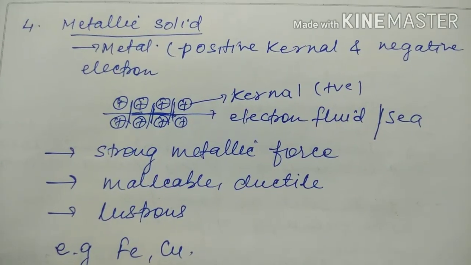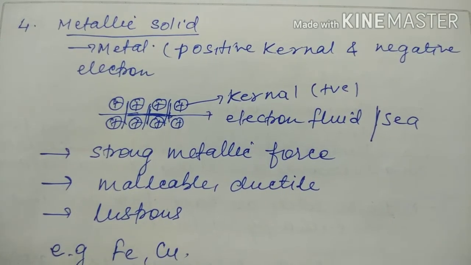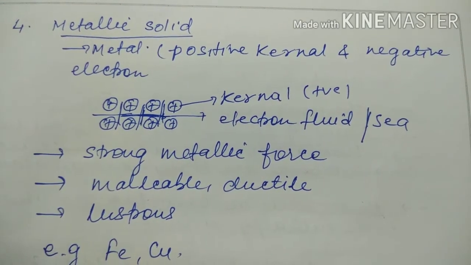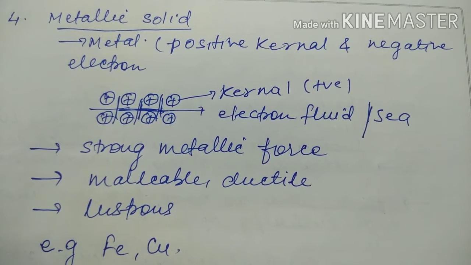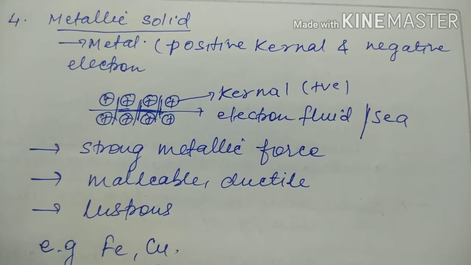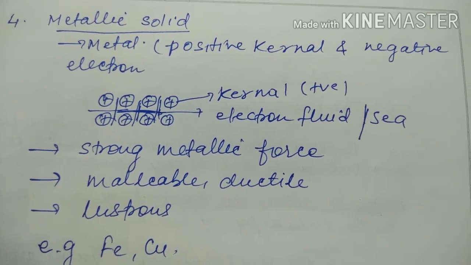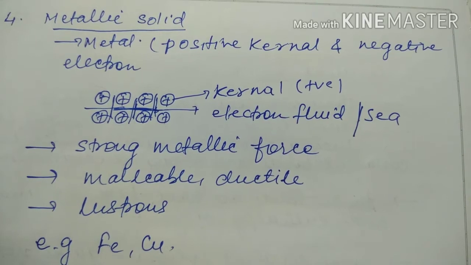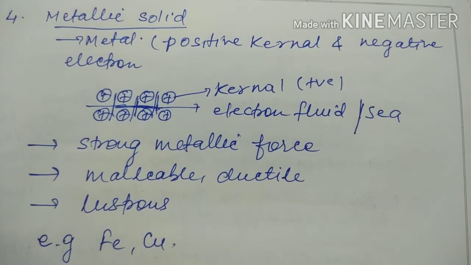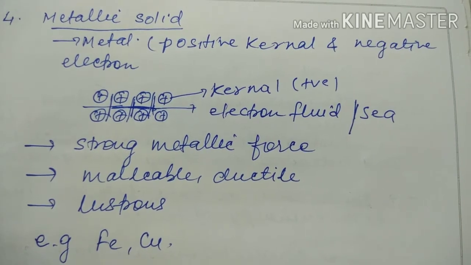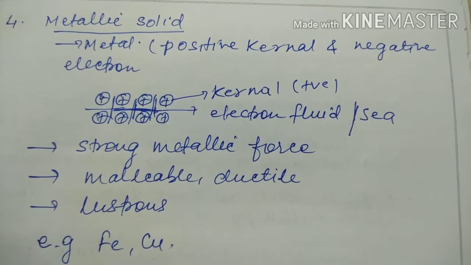After that we come to the metallic solids. Metallic solids are formed by positive kernels and negative electrons. What are positive kernels? We know that metals have high atomic radii, which means weak forces between electrons and atoms.